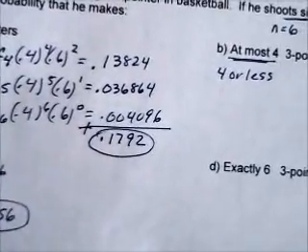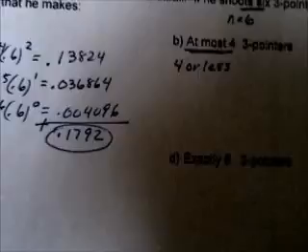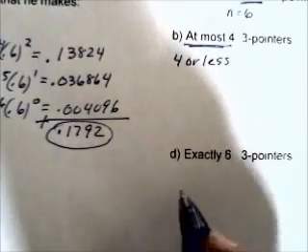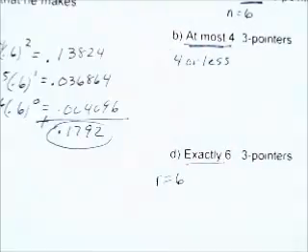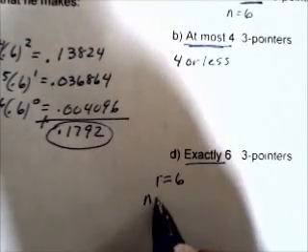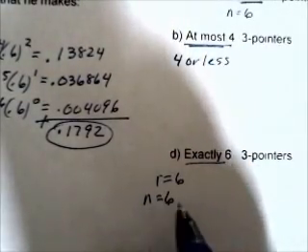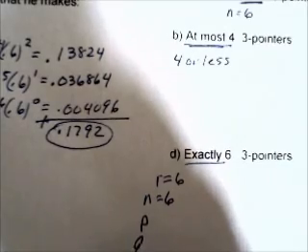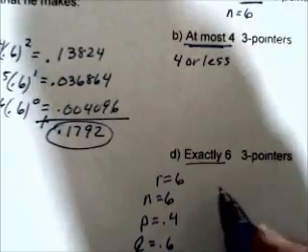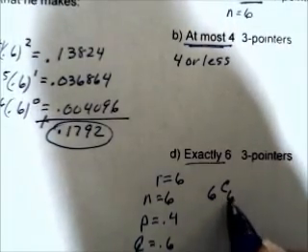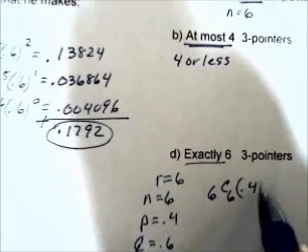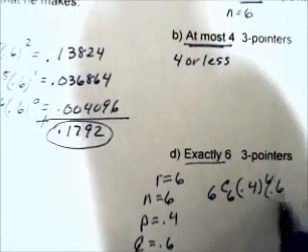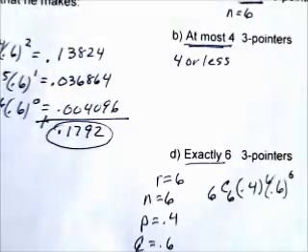And D, exactly 6 three-pointers, exactly 6, it's an r value of 6. n is still 6. p and q are the same as they have been, 0.4 and 0.6. So 6 choose 6, 0.4 to the 6, 0.6 to the 6 minus 6, which is 0.